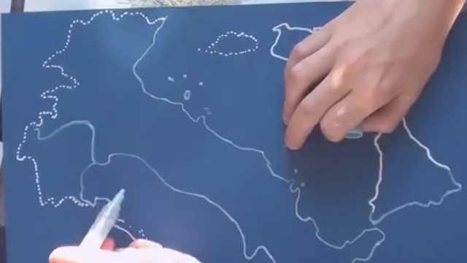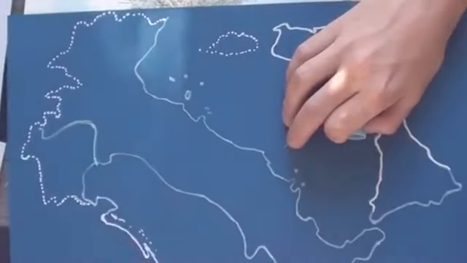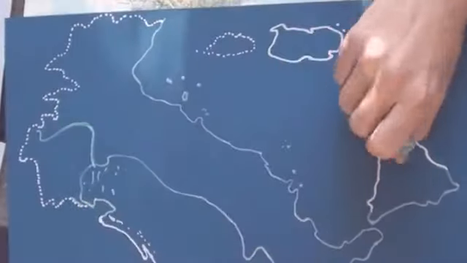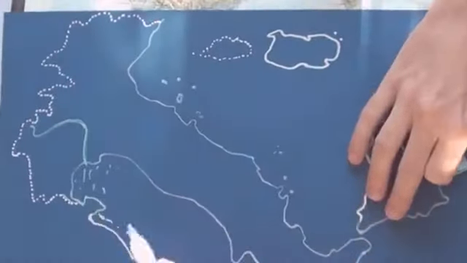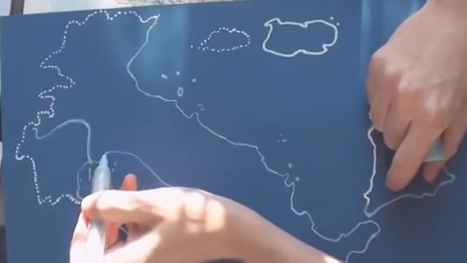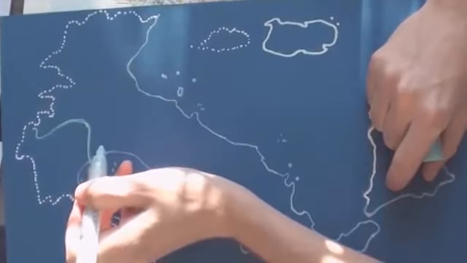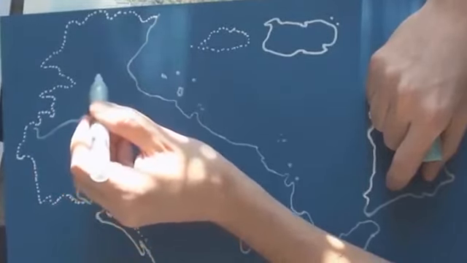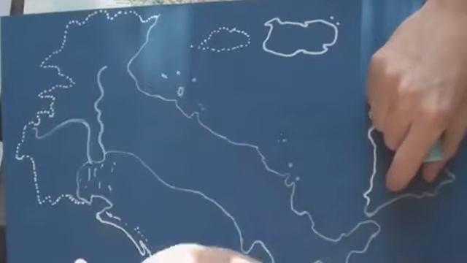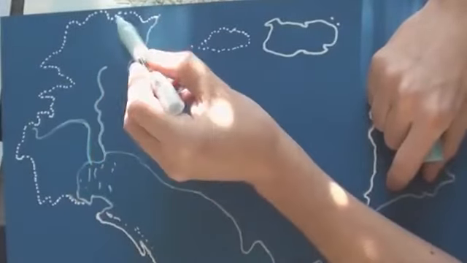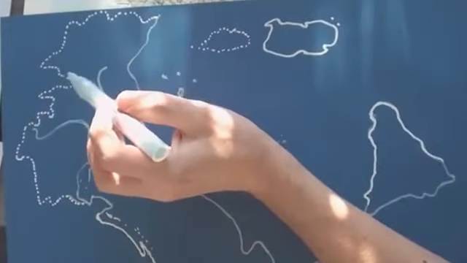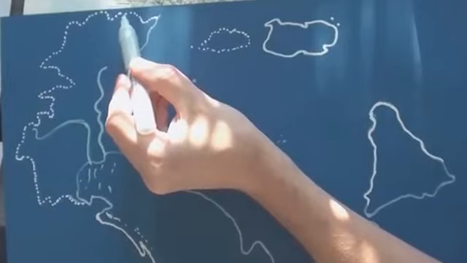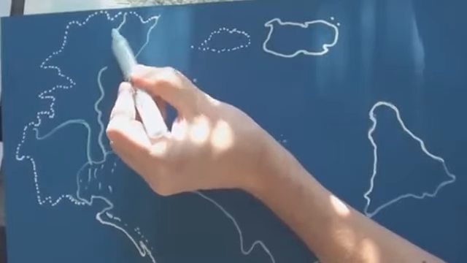And then Mare Adriatico. This really important river, Po. It also starts here in the Western Alps somewhere. It's through Torino.